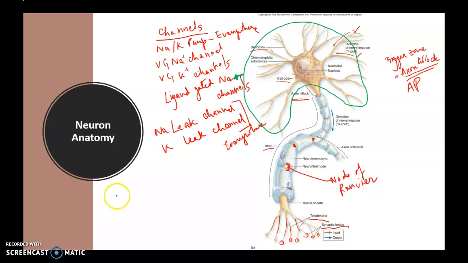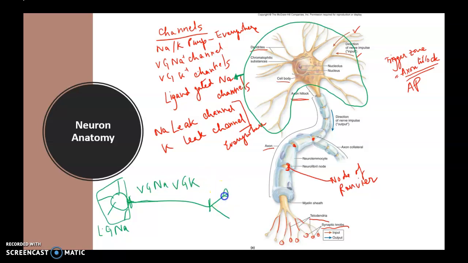So if I have to draw an axon, modern art. So on the soma and dendrites, we will have ligand-gated sodium channels. At the axon hillock, and all the way down, all here, we will have voltage-gated sodium and voltage-gated potassium channels.